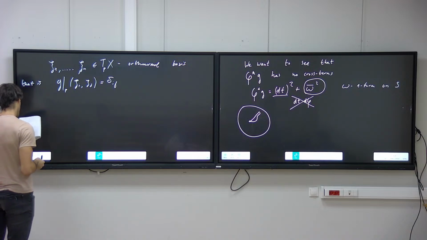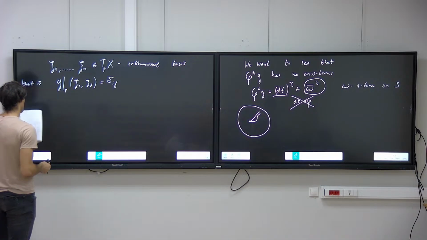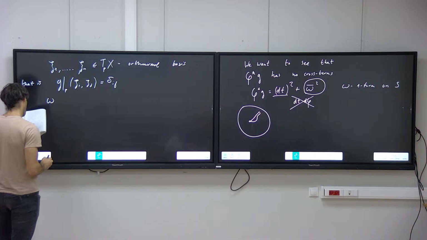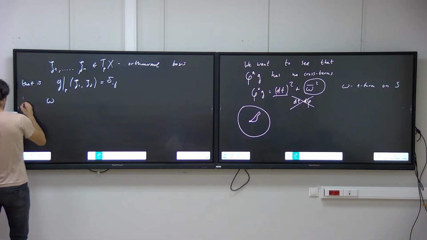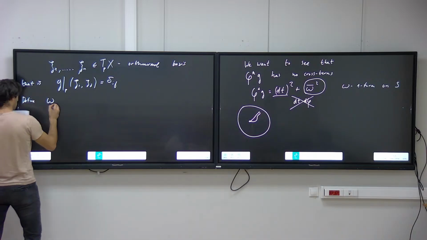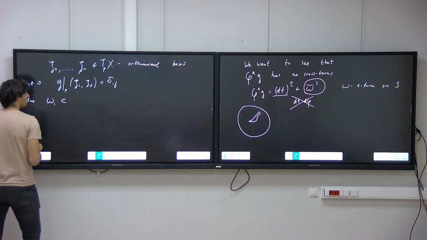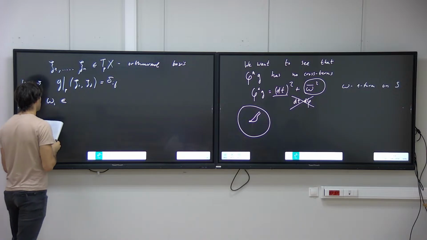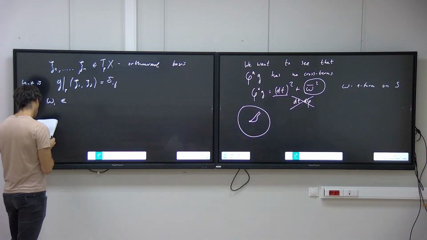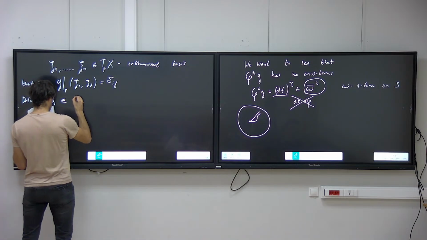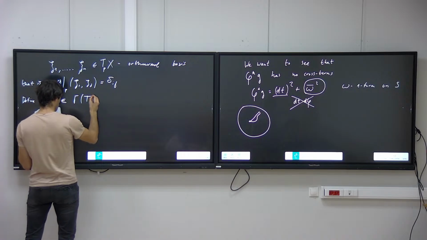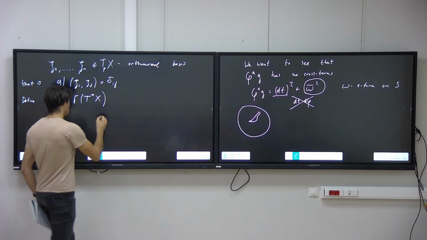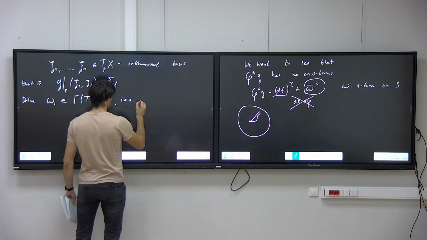And then let me take a dual basis to this. So define omega_i, so these are really one-forms. Therefore these are sections of T star X. And i here again runs from 1 to n.